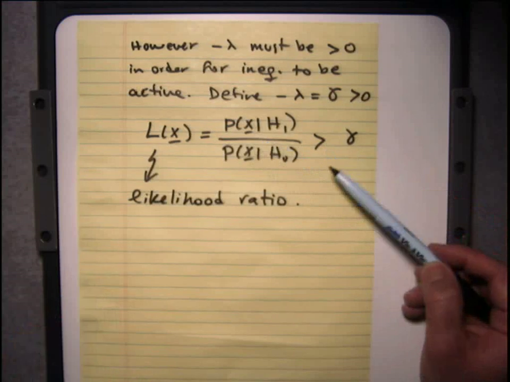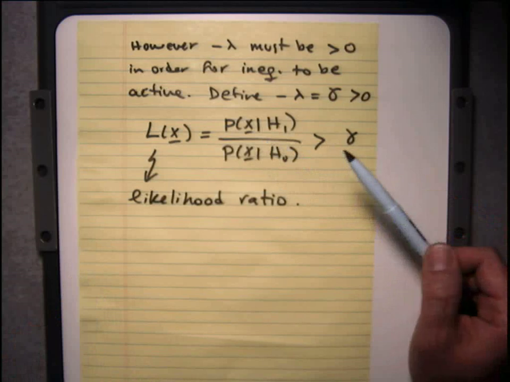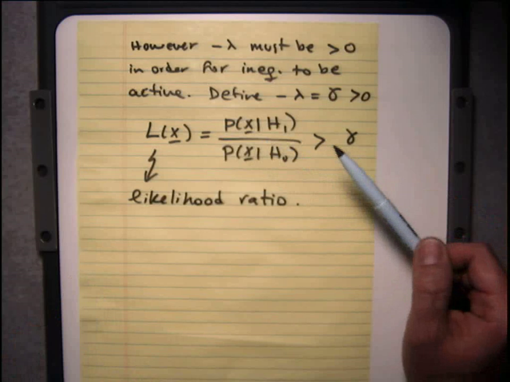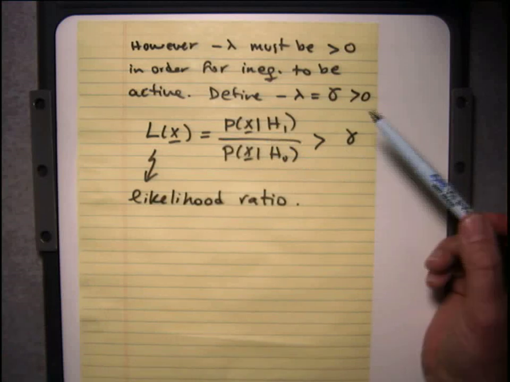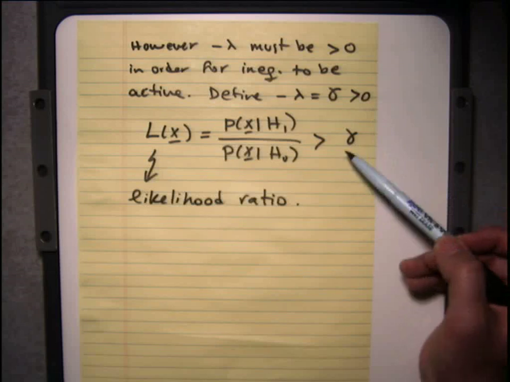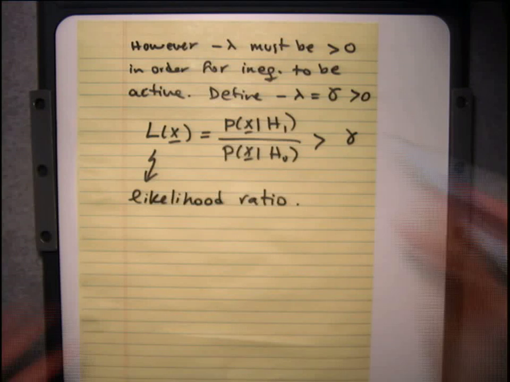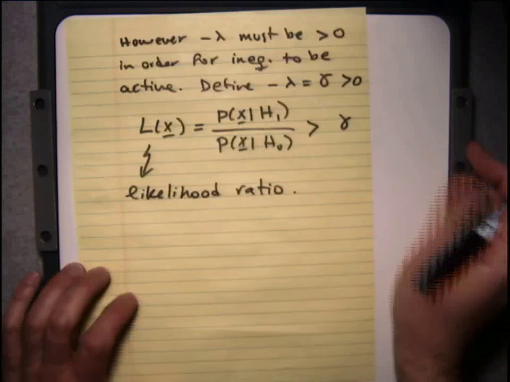Now, this doesn't tell you yet what the algorithm is for actually computing all of these things, and I'll get to that in just a second. But the other thing I want to point out is that this gamma is not the same gamma that we used last time. The gamma we used last time took us from minus infinity to infinity along the curve that we call the ROC curve, but this gamma here is always positive.